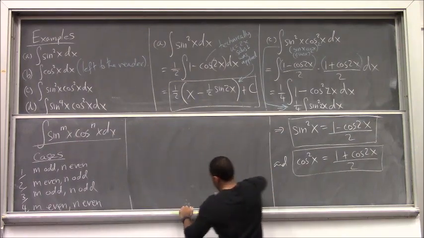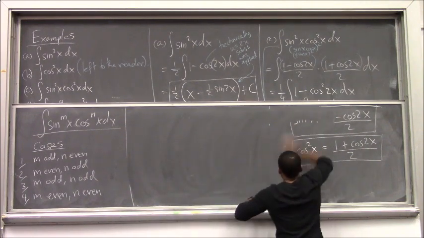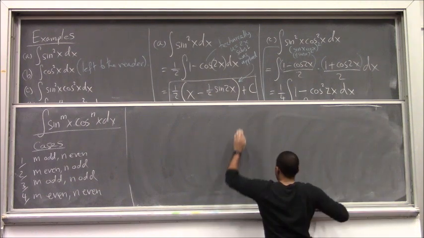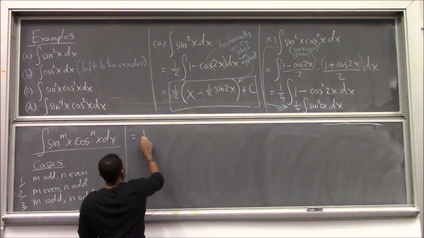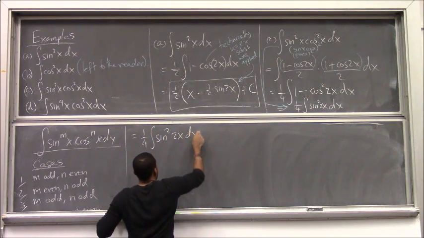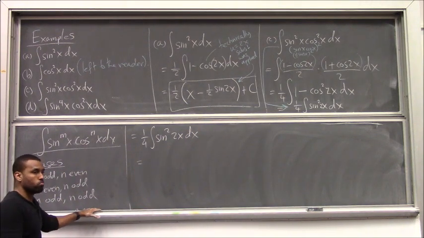But essentially now, how would you deal with that part? How do you integrate sine squared 2x?